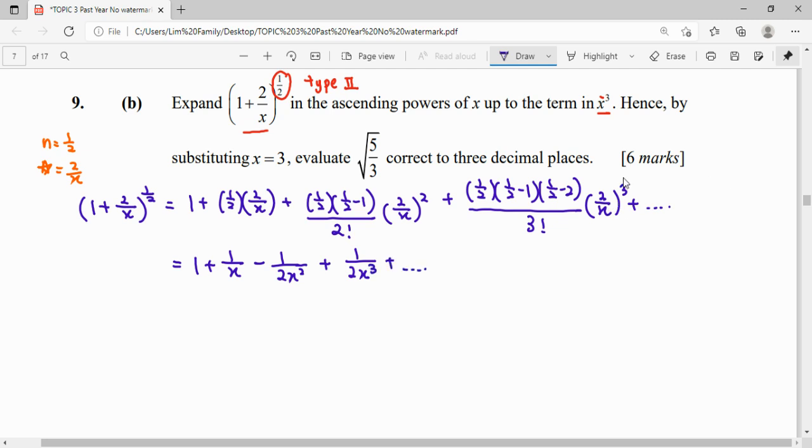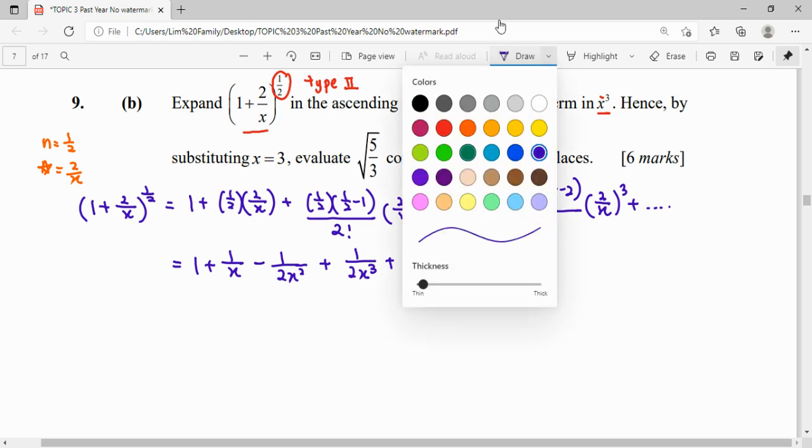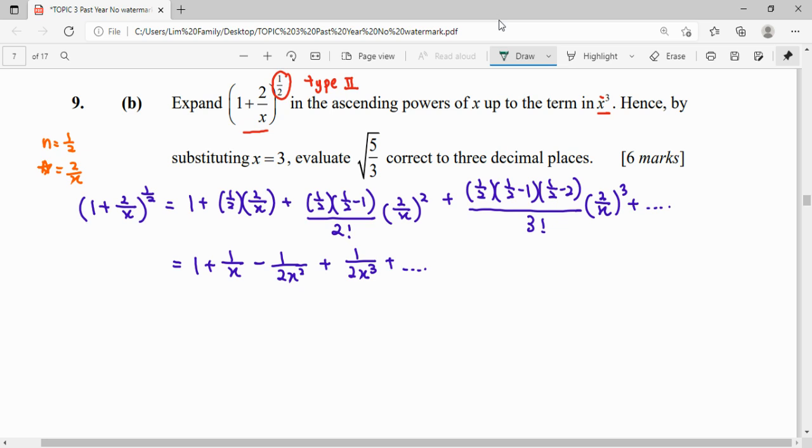So this is our expansion for our binomial. Remember, our title must be put at the left hand side, and our expansion at the right hand side. Then we're going to continue with task 2, where we have to follow the instructions.